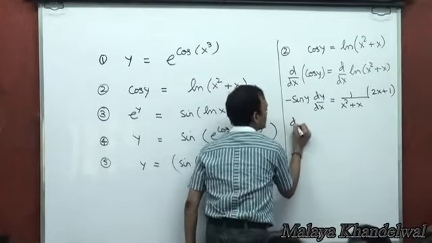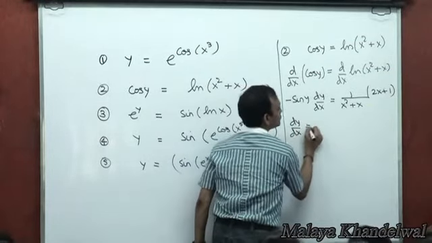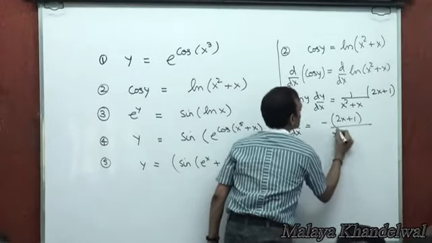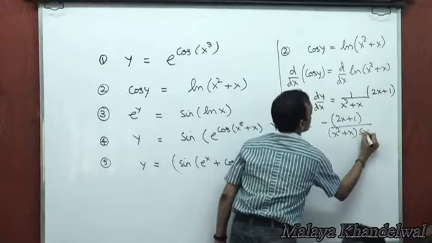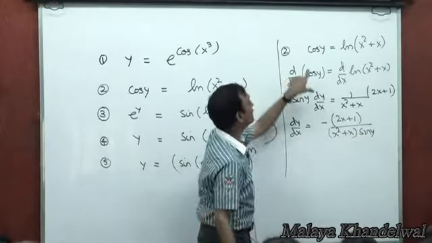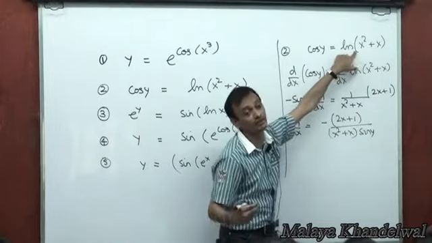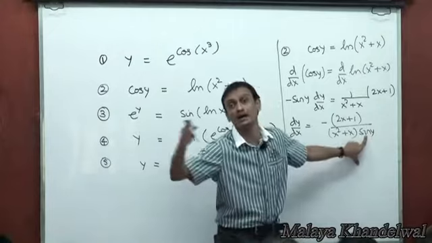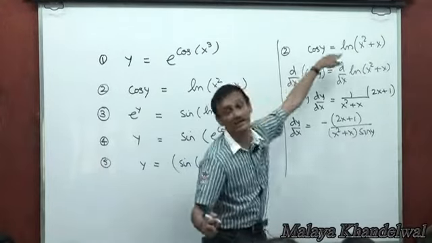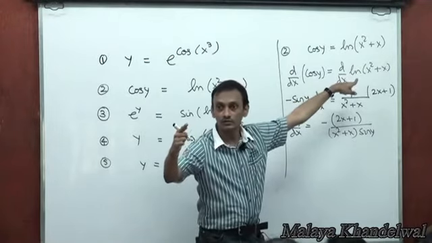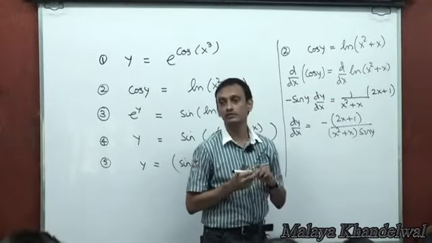So, that gives me dy dx equal to minus 2x plus 1 divided by x squared plus x times sine y. Right? And sine y you can write as root 1 minus cos squared y, where cos y is this. So you could have written it entirely in terms of x. What did you not understand?